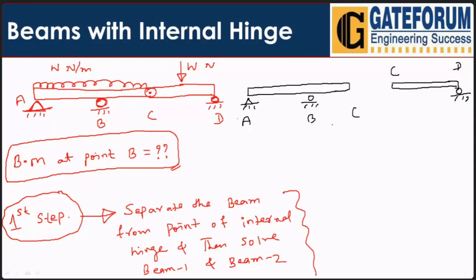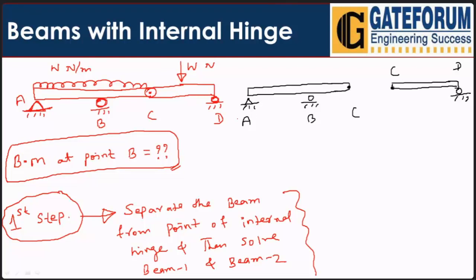Now what about the hinge at C? Here we have a hinge at C. So we have separated this beam from the point of hinge only. At the hinge, we basically have support reactions in both horizontal as well as vertical direction.